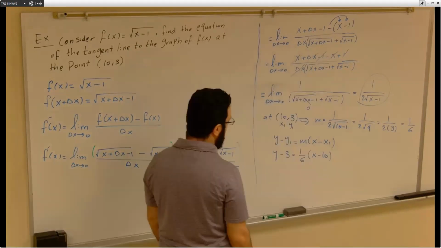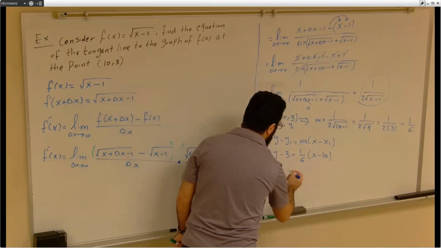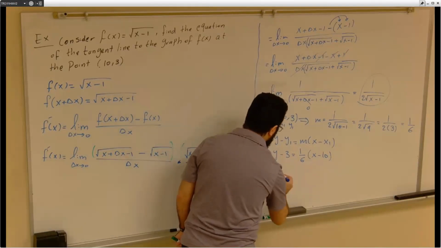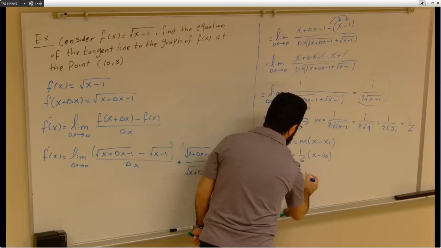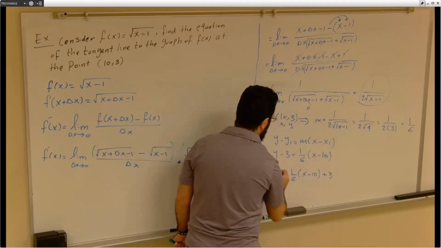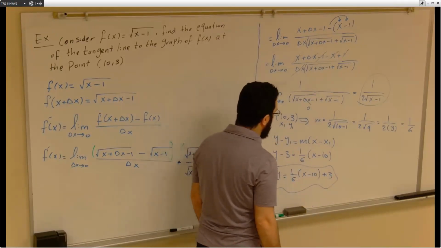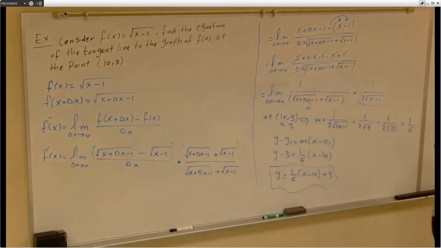Next step, you just have to simplify it. Or you can keep it like this, it's going to be fine. Move the 3 to the other side, so y equals 1 over 6 times x minus 10, plus 3. You can keep going and simplify it more by distributing 1 over 6 and combining these two terms. So this is the equation of the tangent line at the point 10, 3.